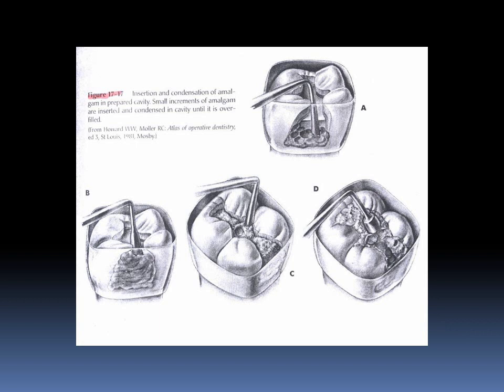As I said, the serration of the condenser is very important to remove excess mercury between condensations. I start from the box, and after the box is filled, I will fill the occlusal surface. On the occlusal surface, I make sure that all the margins are completely covered by amalgam.